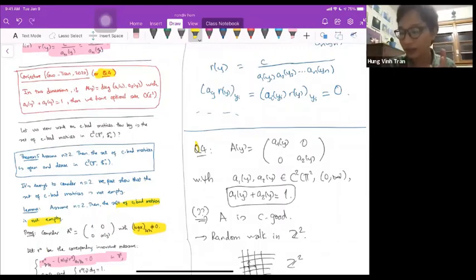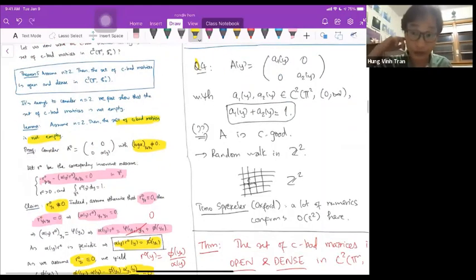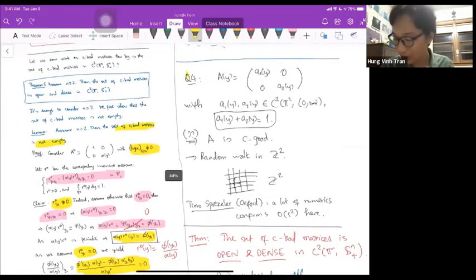So the first thing was that we tried to mess around with this example, trying to understand the invariant measures, and we understood a little bit that R naught is just not trivial, and that was what we could do.